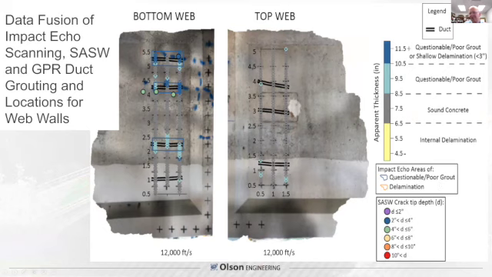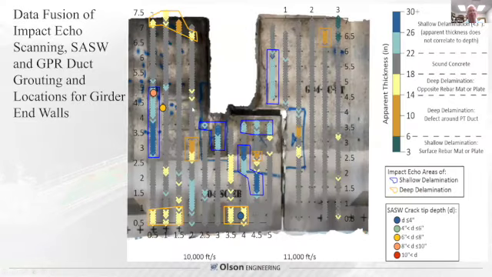The impact echo area also showed some areas of questionable or poor grout when these colors versus delamination in these colors. And the surface wave showed crack tip depths ranging from less than 2 inches to more than 10 inches. And these are the dots that are overlaid in the plot, where we're showing some interesting results. So we're starting to fuse everything together.